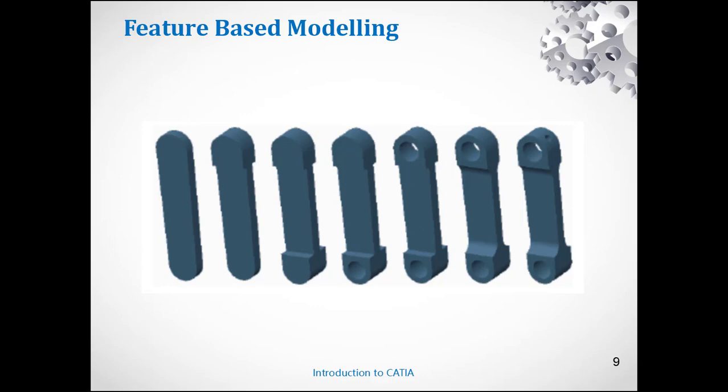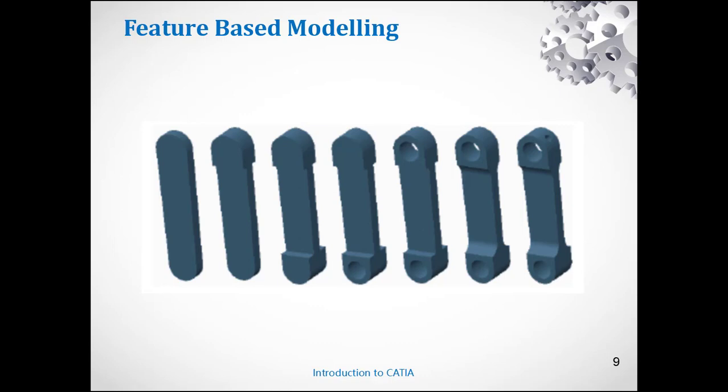In the next step, some material is added on one side. Then in the next step, the same material is added on the other side. Then one hole is created, then another hole is created, then fillets are applied, then finally the hole on the side is created. So these are the steps.